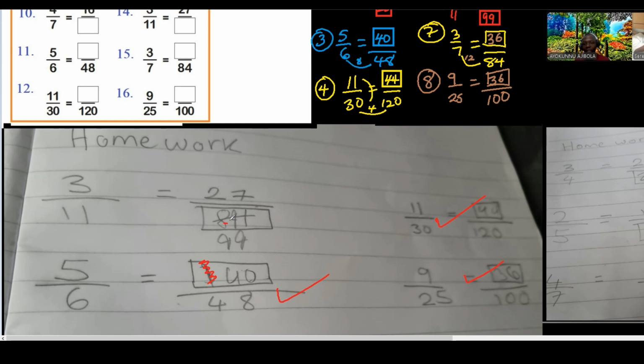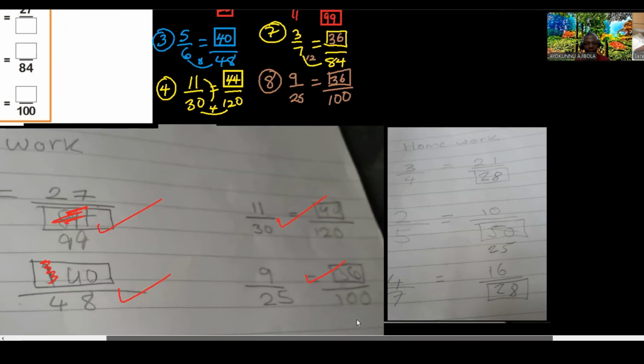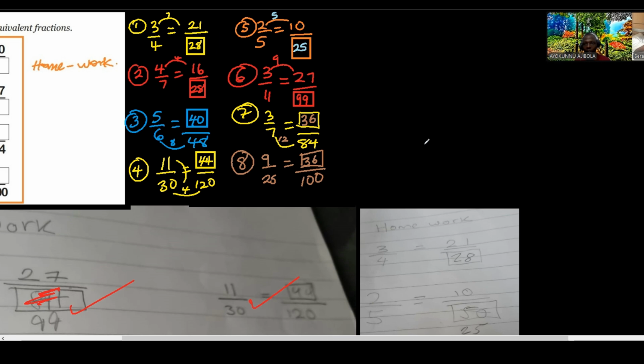Now this one also is 99, right? 3 over 11. Okay, that means you later corrected yourself, and that's good. And what about this one? 3 over 4 and 21, 28. That's correct too.